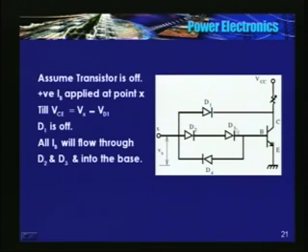So D1 has to block the entire VCC. So D1 is a high voltage, low current diode, whereas D2, D3, D4 are low voltage, low current diodes.